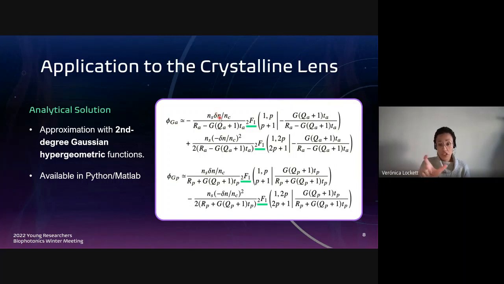Dn is the difference between the surface and the center, and this is the index at the center, and this is just constants: interior radius, the key parameter, the interior curvature, and the interior thickness. So this will be the equation for the power of the interior part, and this is the power for the posterior region. And these two F1s are the hypergeometric functions, which are programmed again into these two.